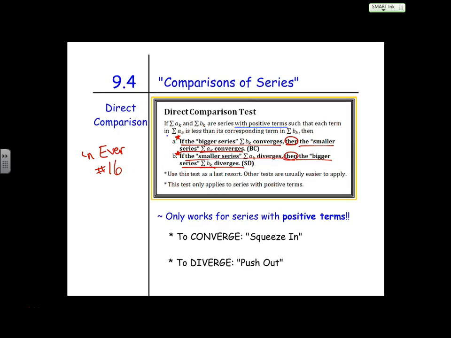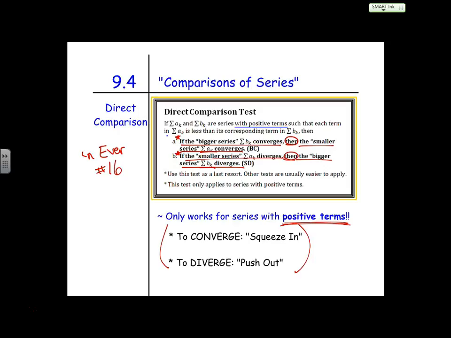Okay, I'm kind of reiterating a major point about this test. Number 2, this test can be explained a little bit easier with what I've written down below. In order for what I'm looking at to converge, I have to squeeze it in, or if it diverges, I have to push it out. Here's what I mean. Let's say this is the sequence that we're trying to figure out the convergence of.